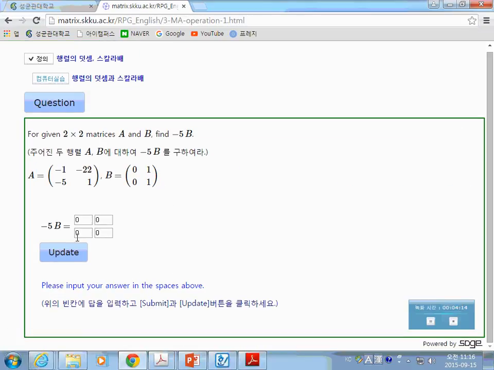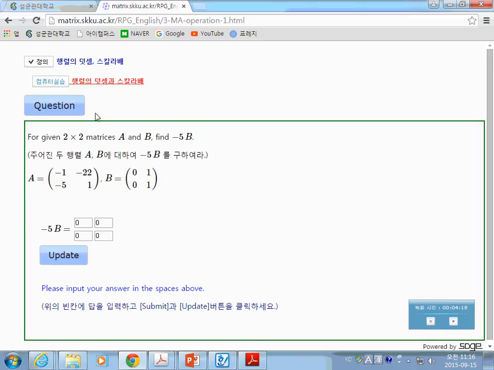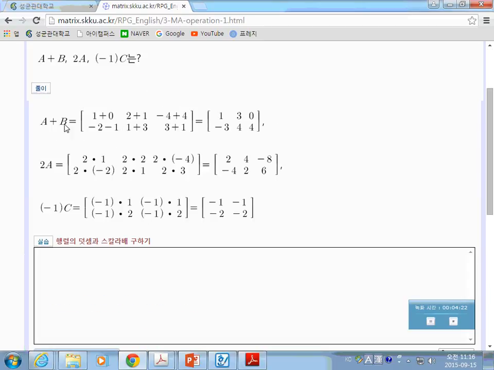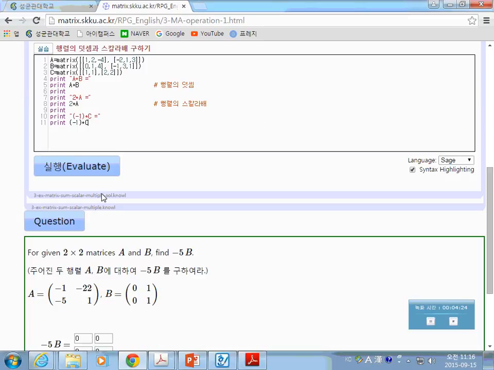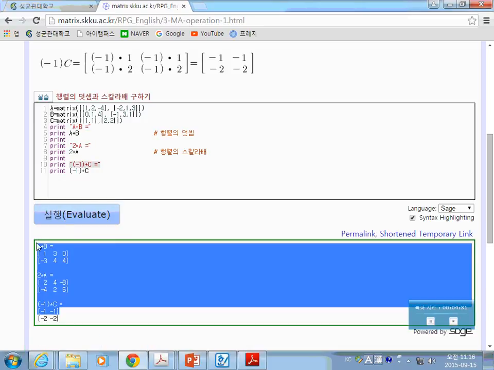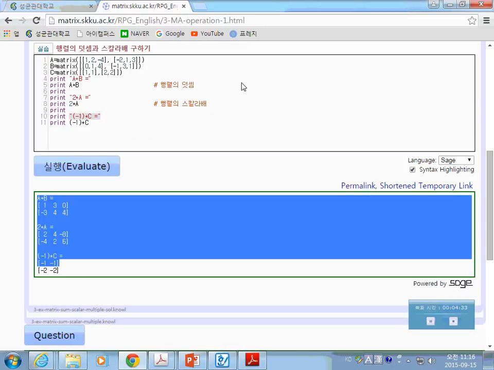Okay, suppose we have two matrices like this, then the computation can be done in this way, and the codes are this: A plus B, 2A minus C can be found in this way, which is the same as the matrix that we have found.